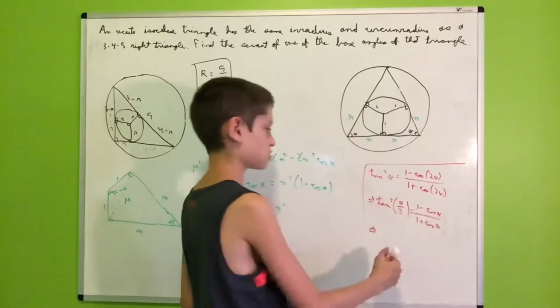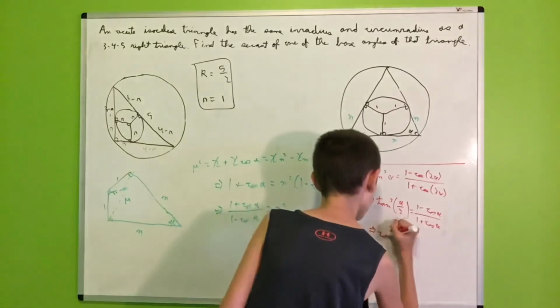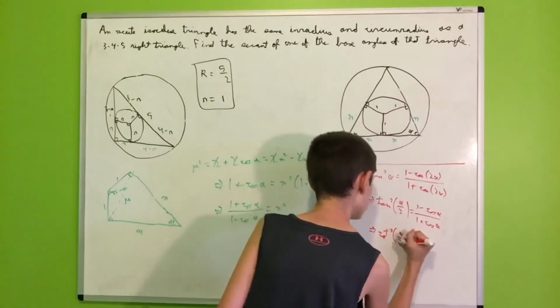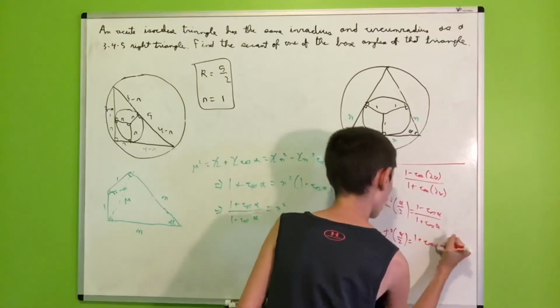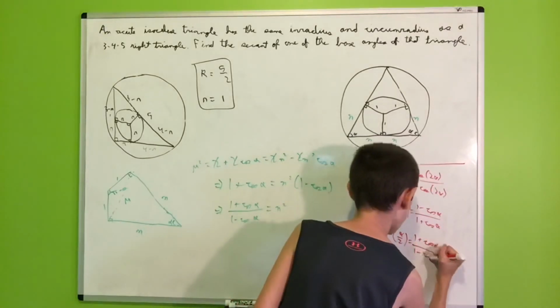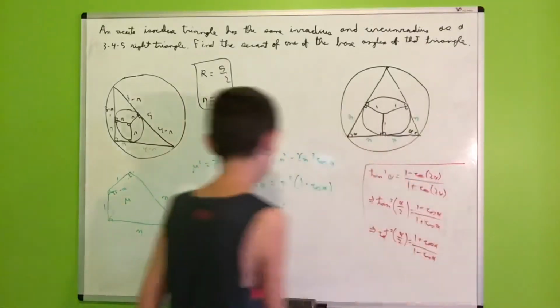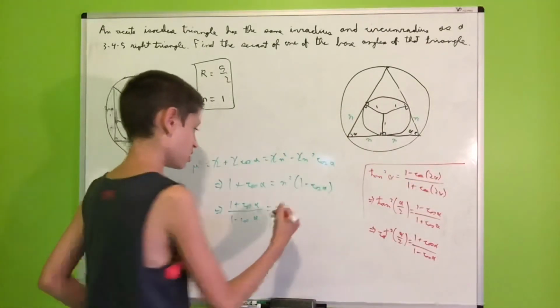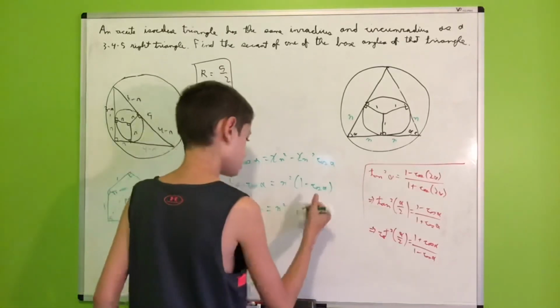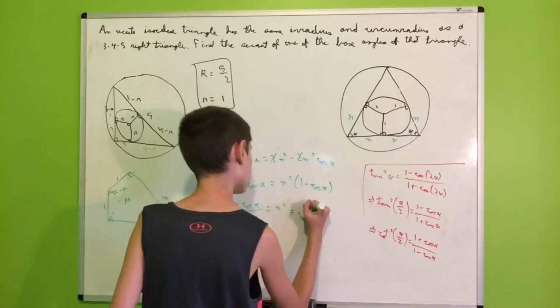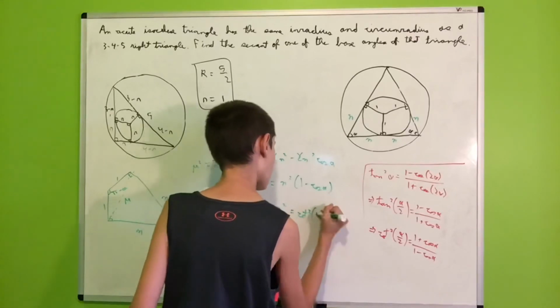And then taking the reciprocal, we get that cotangent squared of alpha over 2 is 1 plus cosine alpha over 1 minus cosine alpha. But this is exactly what we have here. Therefore, our n squared will simply be cotangent squared of alpha over 2.